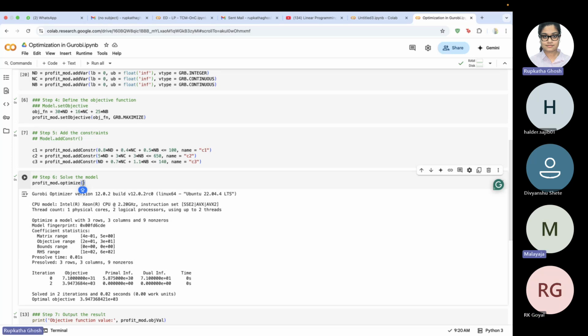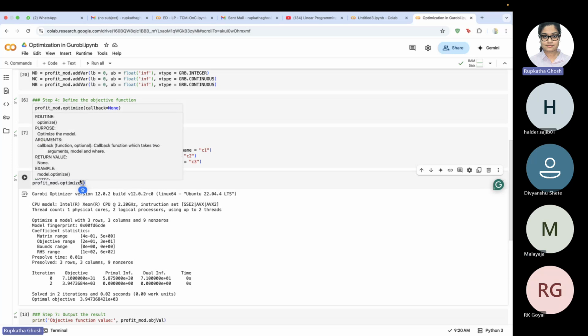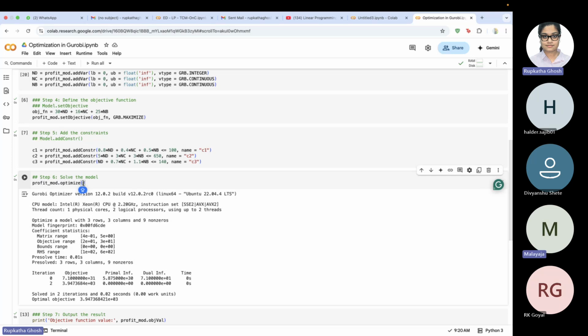Rupkatha, you mentioned which thing do we specify the optimizer in? I didn't catch that word. As he was asking, whether we can specify any sort of solver that you can use. In PuLP there is an option like that.